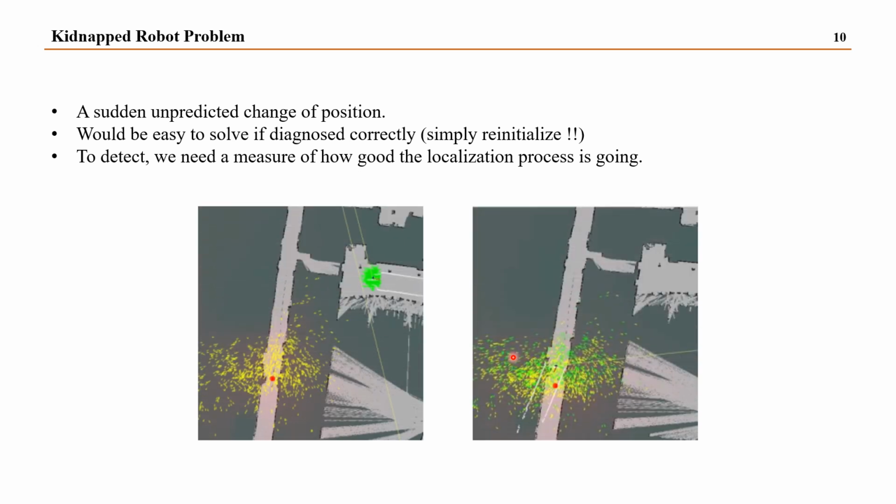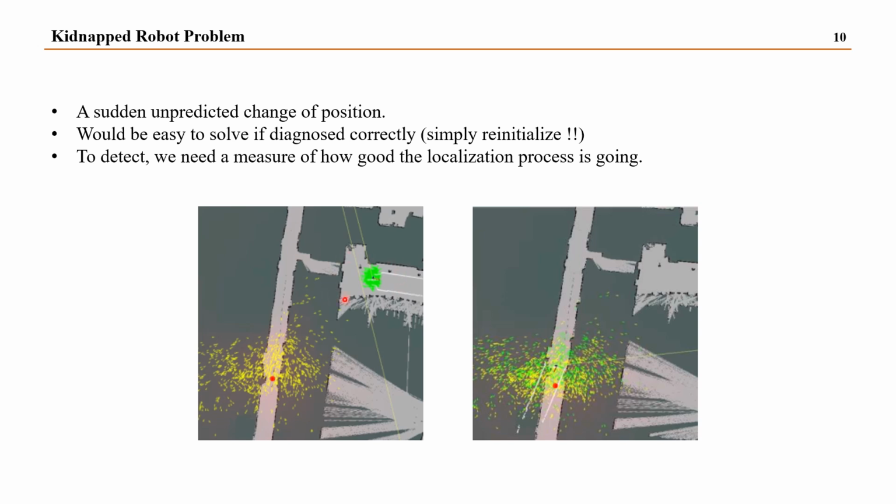Now, just to get a feeling of what the kidnapped robot problem looks like, here to the left we have a particle filter with particles represented by these green dots. We can see that the particle filter has converged to a certain robot location here. The problem, however, is that the robot has been moved to this location. So the particles are quite focused here.